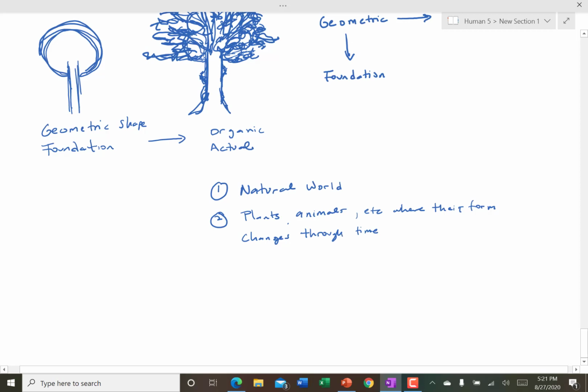So organic forms tend to represent change along with the natural world.